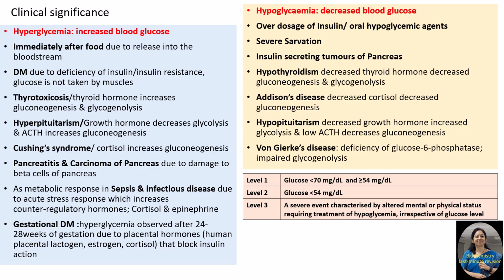Level 3 or severe hypoglycemia, the glucose level can be less than 54 also and less than 70, but the characteristic feature is there is altered physical and mental status requiring treatment of hypoglycemia. So this was all about the clinical significance of estimation of blood glucose.